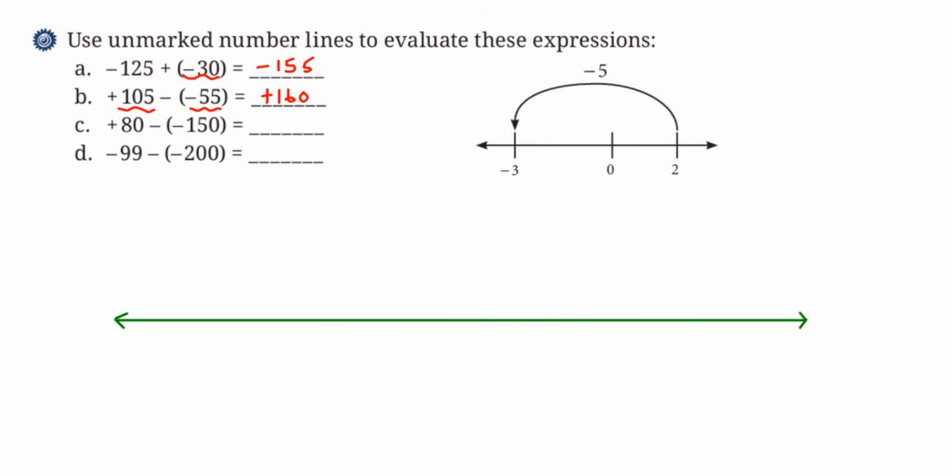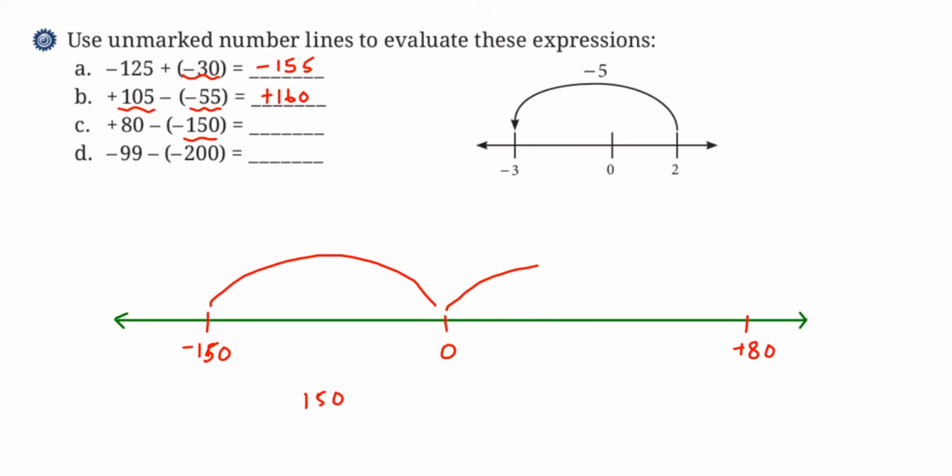Let's look at the next example. We have plus 80 minus minus 150. So you're subtracting here. This means you are at minus 150 and you want to go to plus 80. So from minus 150, first you go to 0. So how many units did you move? You moved 150 units.